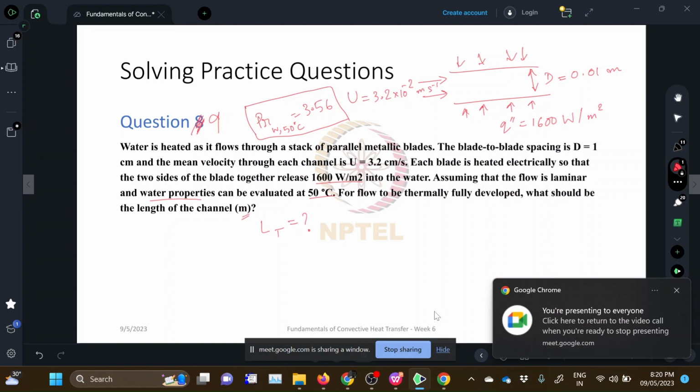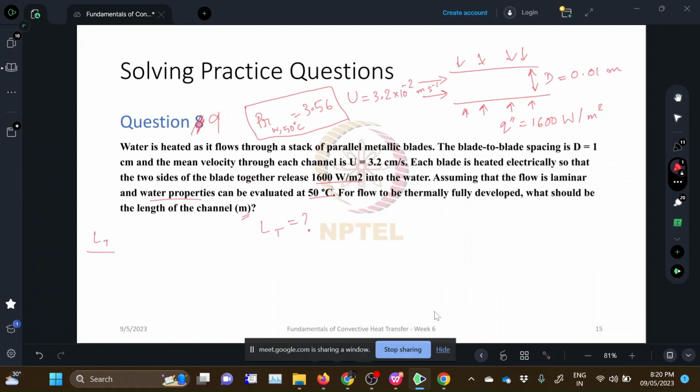So we know that LT by D is equal to the entry length coefficient multiplied by Reynolds number and Prandtl number. Okay, no, we have to use the hydraulic diameter here.